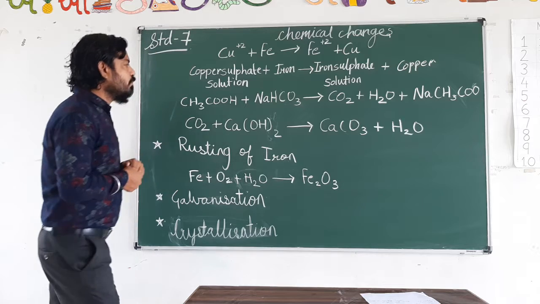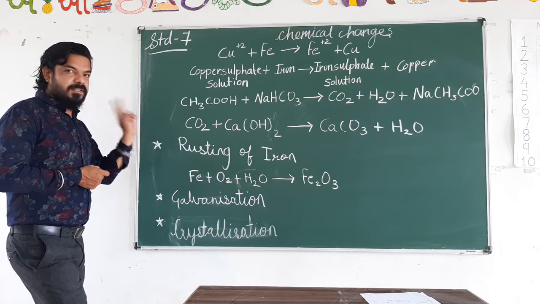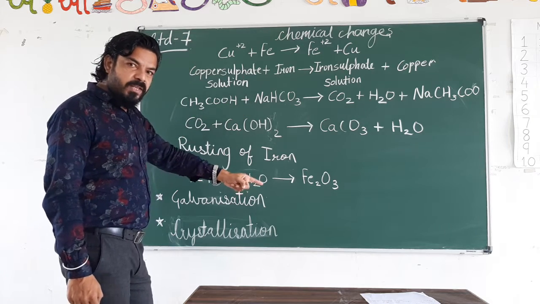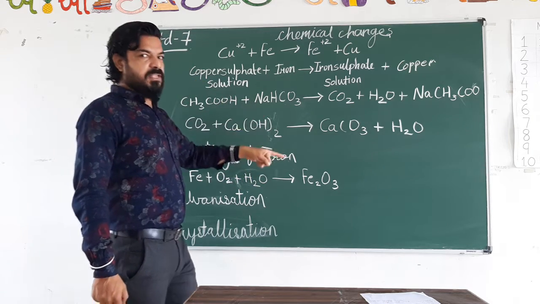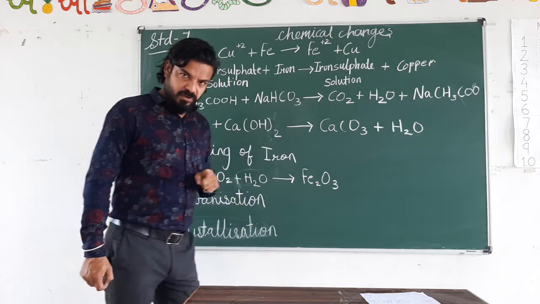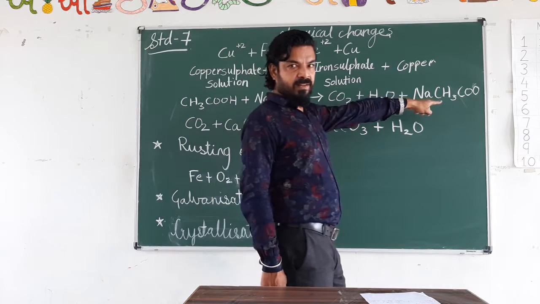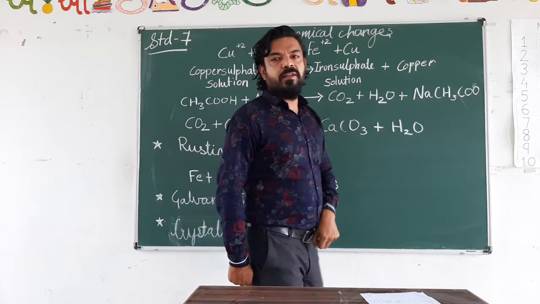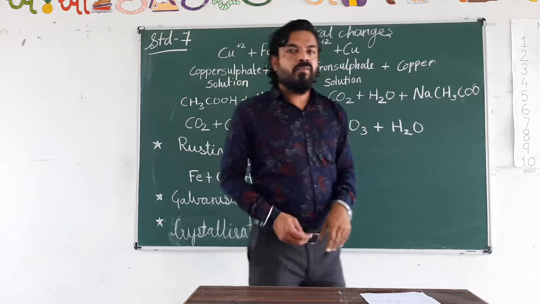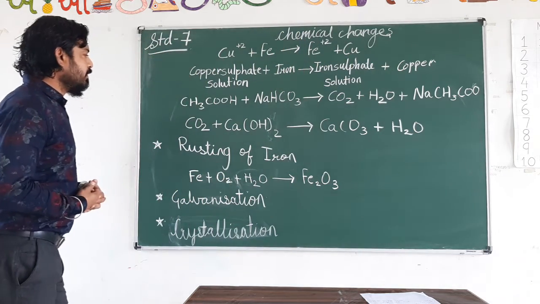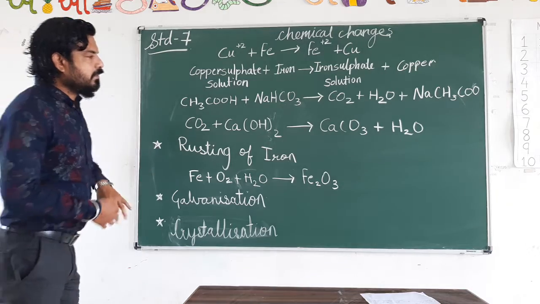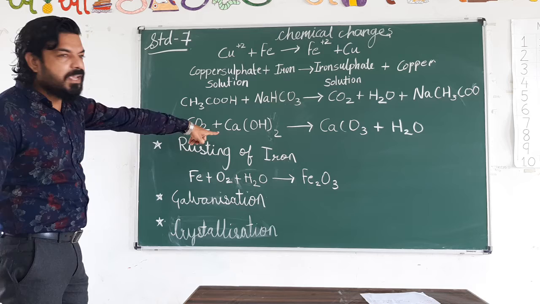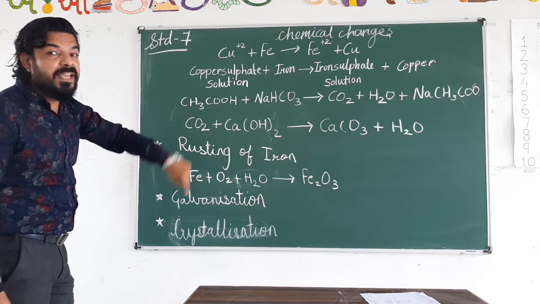So the combination of acetic acid and sodium bicarbonate, an acid and a base, gives neutralization. We get sodium acetate plus carbon dioxide plus water. Here also we see carbon dioxide, and this is Ca(OH)2, which is called lime water.